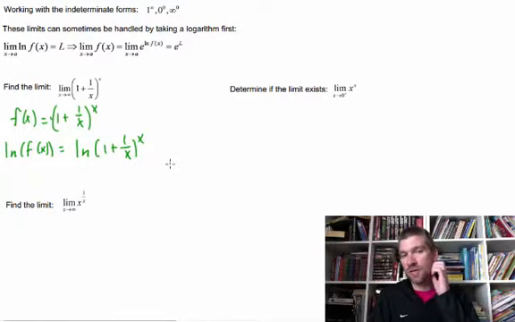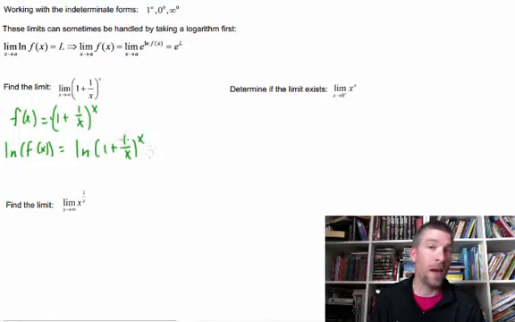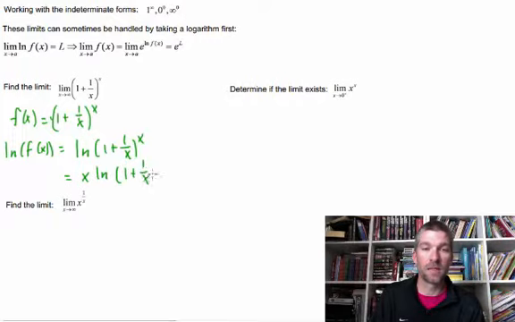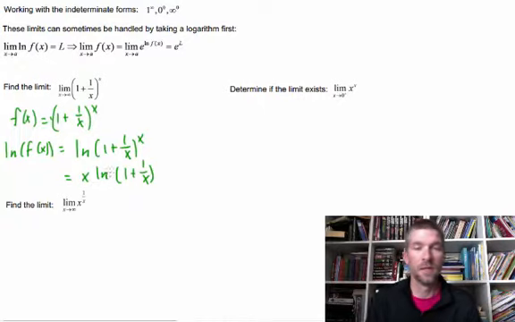Now, this is an interesting thing because we can actually simplify this by taking the power and moving it into the front of the natural log. So an equality statement would be x times the natural log of 1 plus 1 over x. All right. Now, the only problem with this is it's not in a form where we could use L'Hopital's rule because we don't have a fraction.